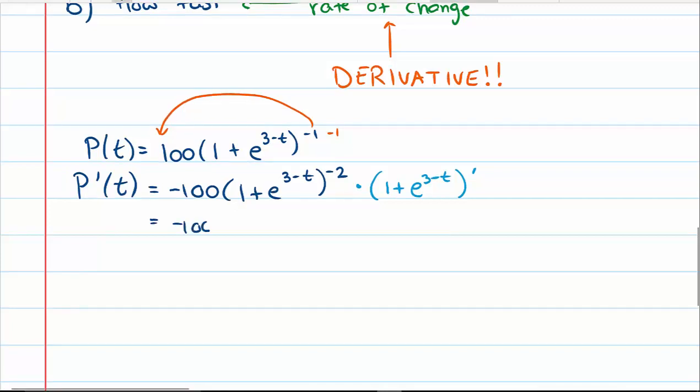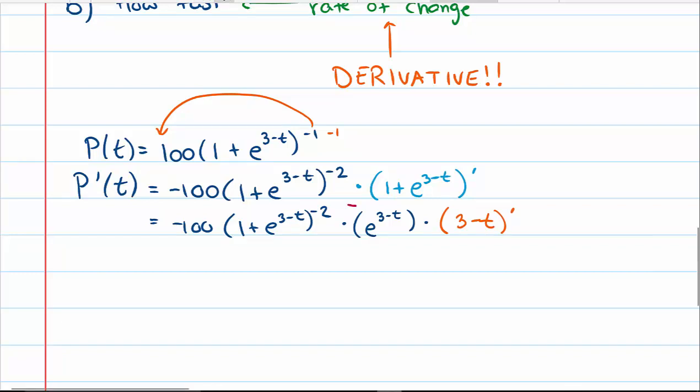So we get negative 100, 1 plus e to the 3 minus t to the negative 2, times the derivative of 1 is just 0, and then the derivative of e to the 3 minus t is, you just bring down the e to the 3 minus t, and then take the derivative of 3 minus t.